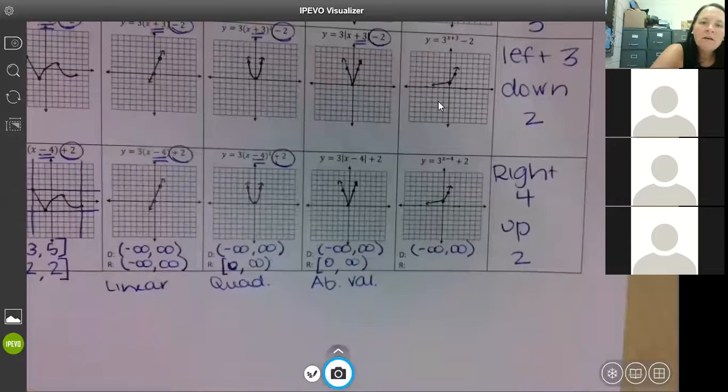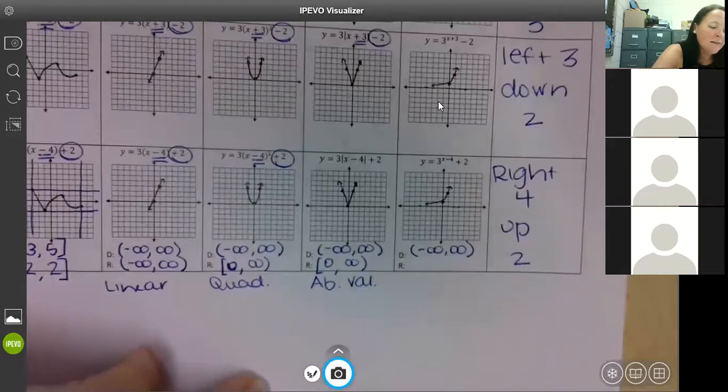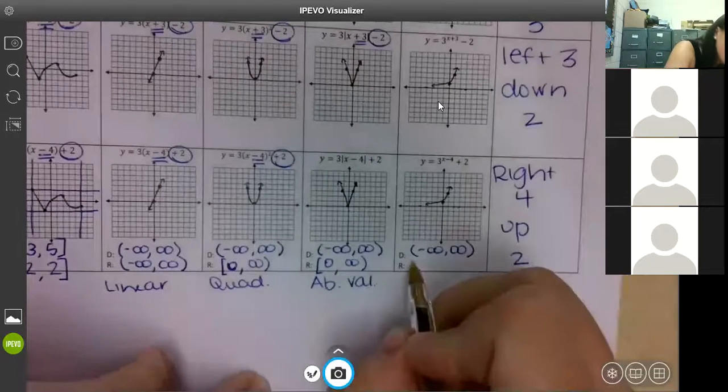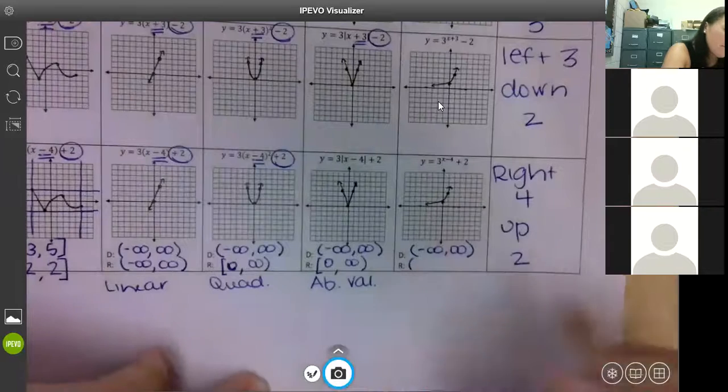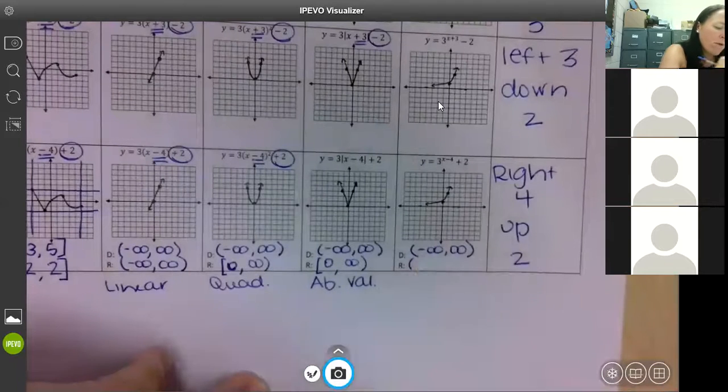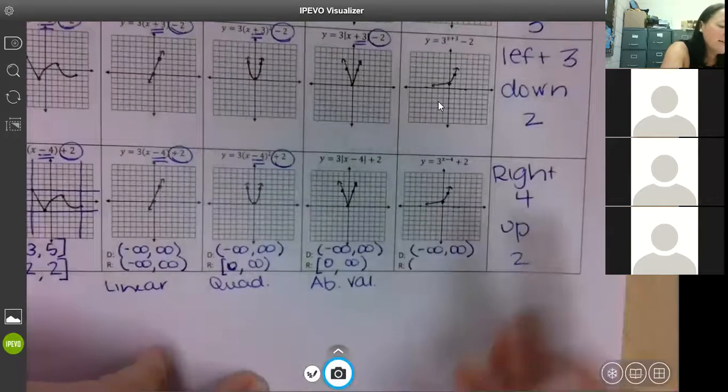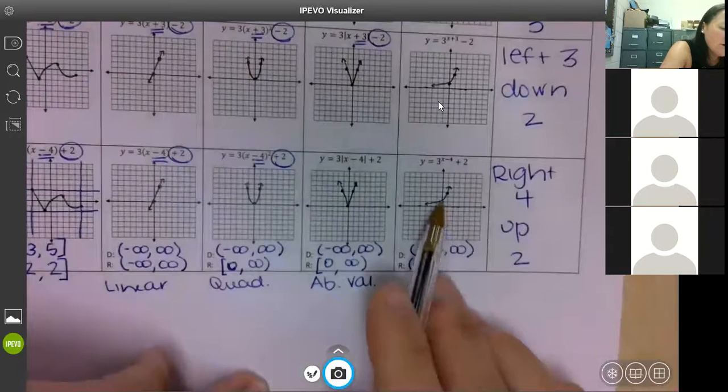Look at the next one. Remember, this one's different. It does have a low point, but is that low point included? No, because it's an asymptote. It never touches it. Where does it never touch? Not 1. It crosses at 1, 0, so we can't use 1.